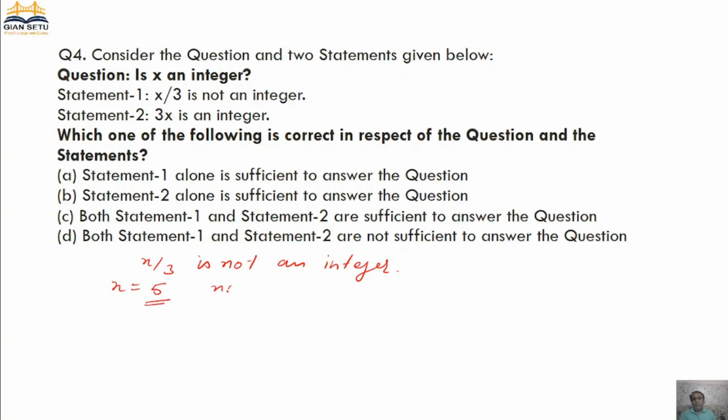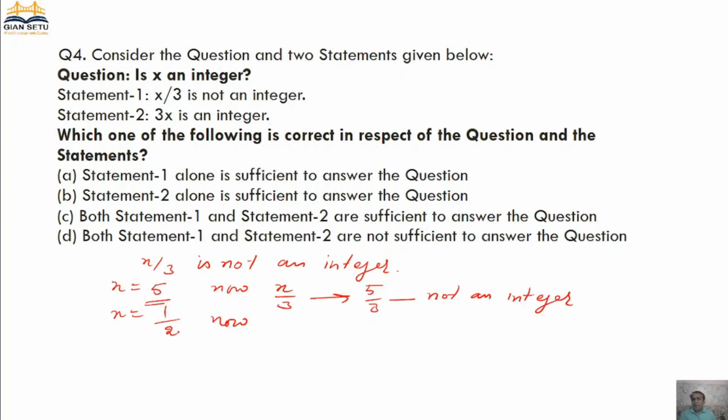Now, x upon 3, that is 5 upon 3, is not an integer. Similarly, when x is equal to 1 by 2, now here x is equal to 5 is an integer.